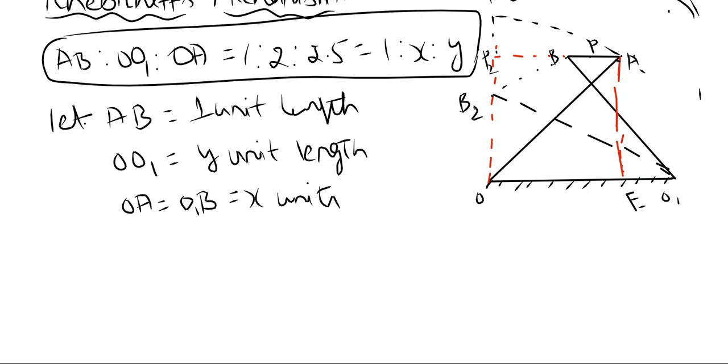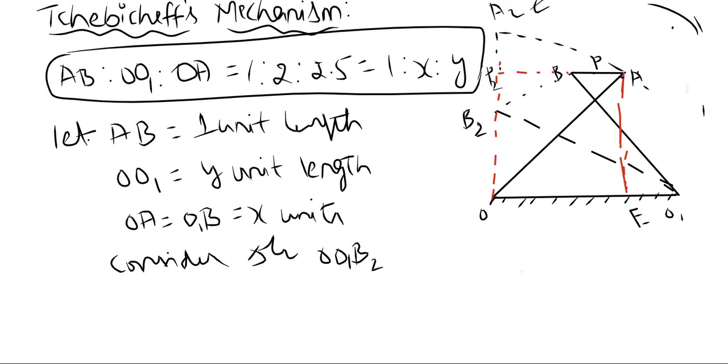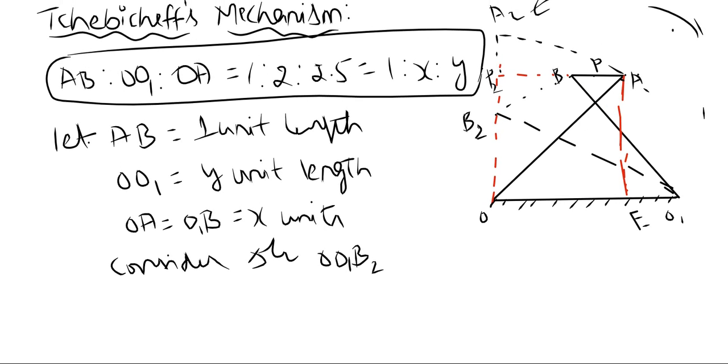Okay, so if we want to show the above ratio, we have to divide these links in such a way that they form some right angle triangles. So now consider the triangle OO1B2.